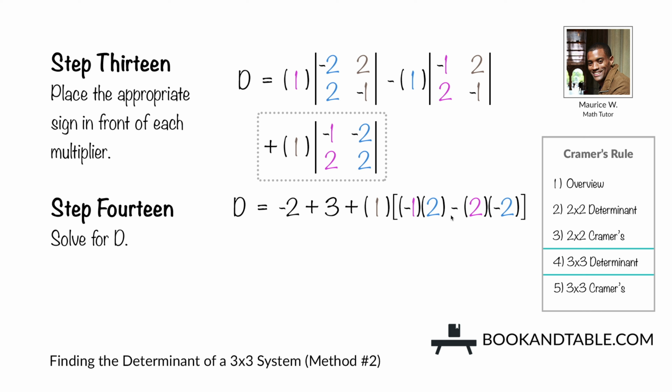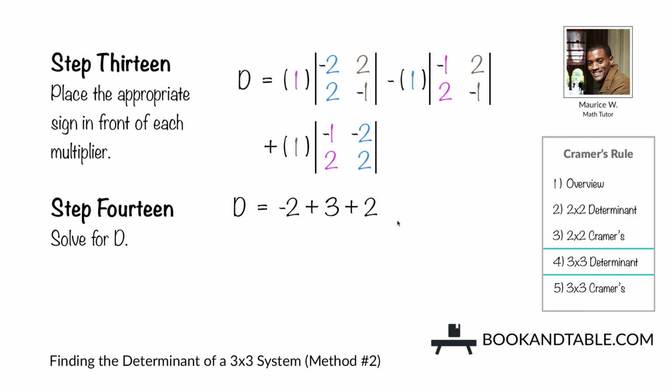Negative 2 minus 2 times negative 2 would be minus negative 4. Negative 2 minus negative 4 is the same as negative 2 plus 4. Negative 2 plus 4 is positive 2. And 1 times 2 is positive 2.